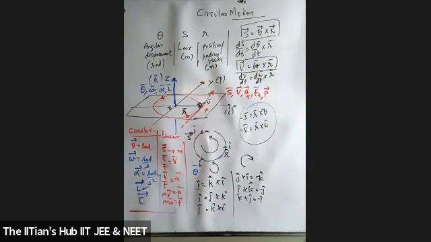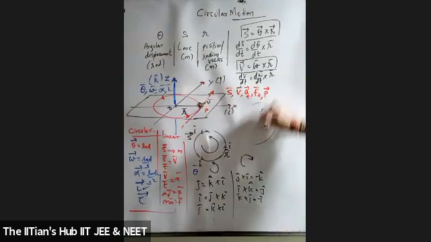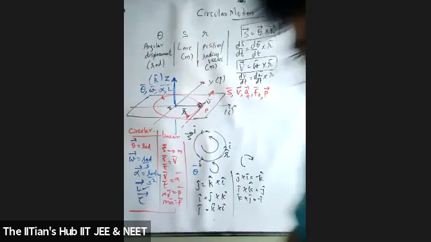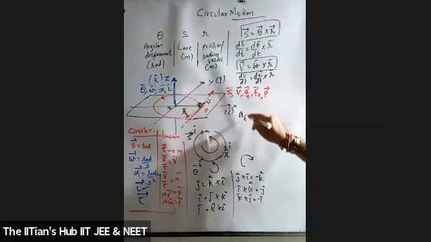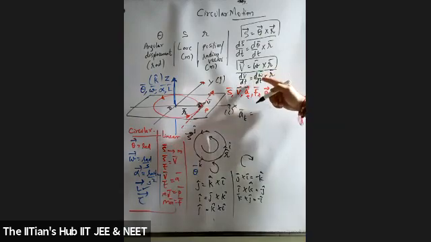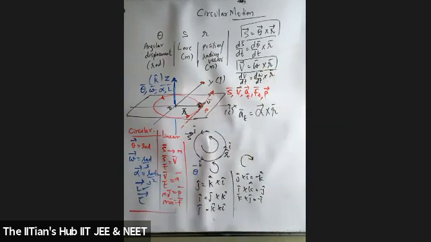What is dv by dt? Students, what is dv by dt? Acceleration. Which acceleration? Tangential acceleration. What is d omega by dt? The change in angular velocity is the answer: angular acceleration, cross r.